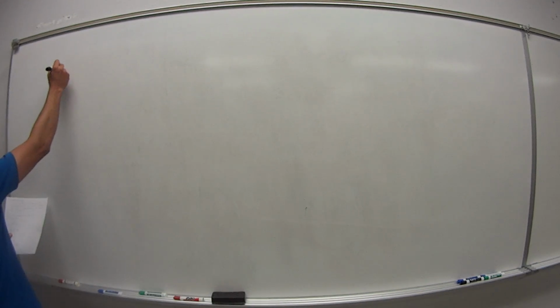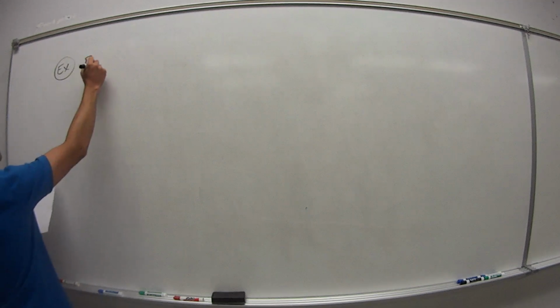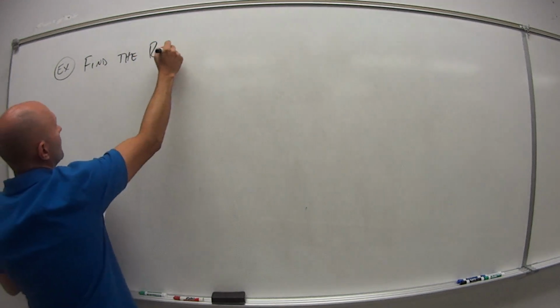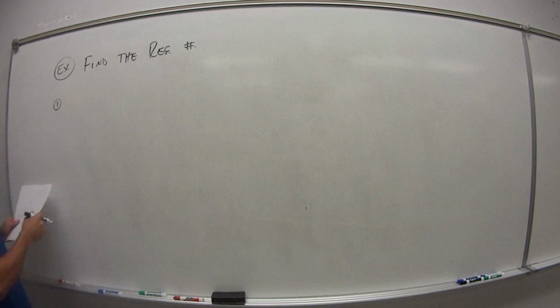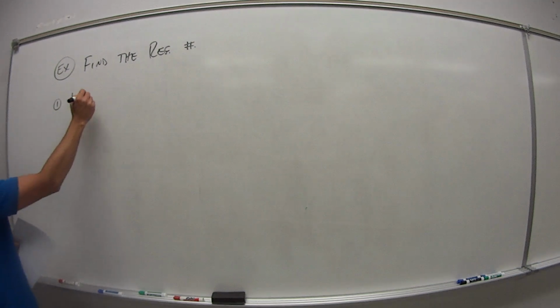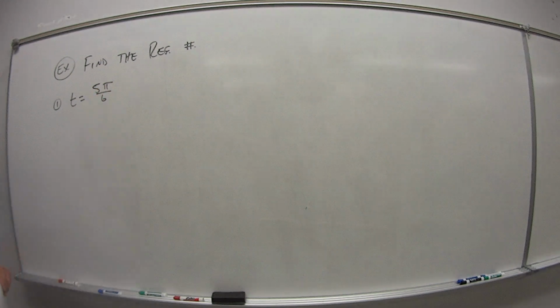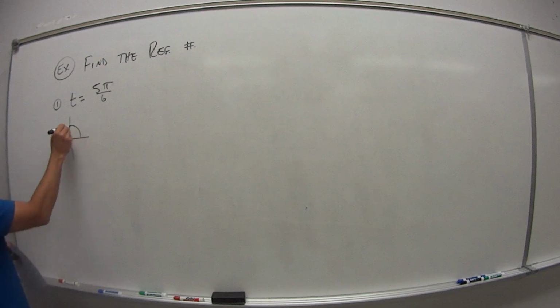All right, so our examples, we want to find the reference number. So the first one we have is when t is equal to 5 pi over 6. So if we give ourselves a little sketch of the unit circle, 5 pi over 6 is where?